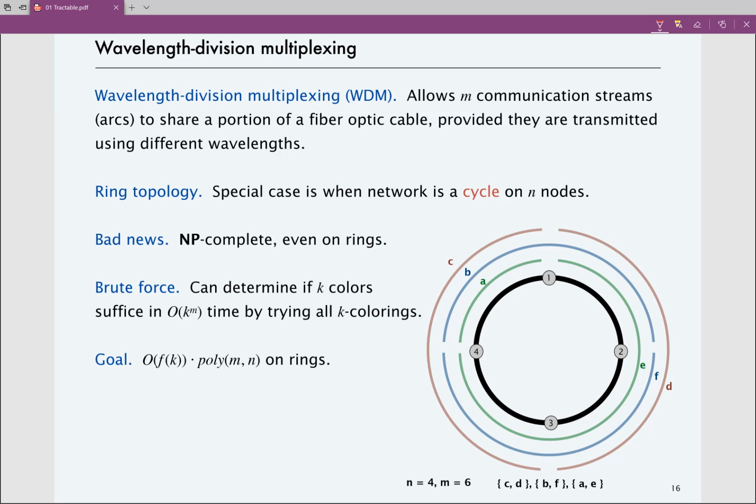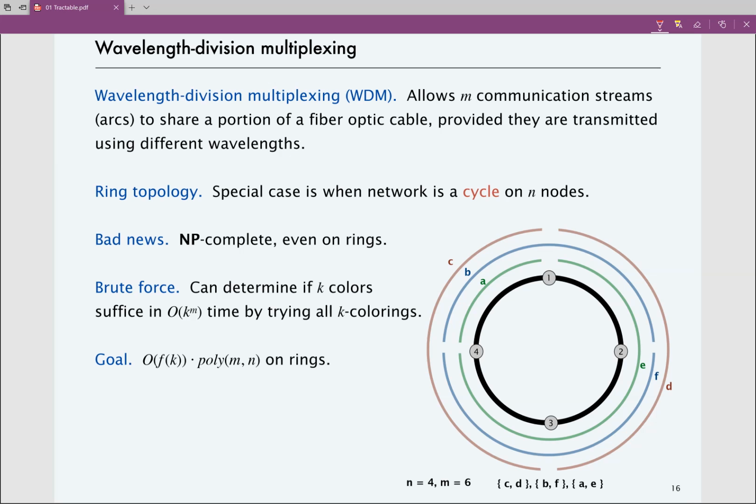Now, these edges over here, on this black part, represent actual communication links. These are like actual wires in your communication system. If you have multiple communication streams that use the same wire, then these different communication streams cannot be transmitted at the same wavelength.